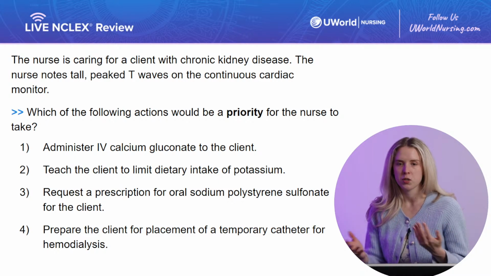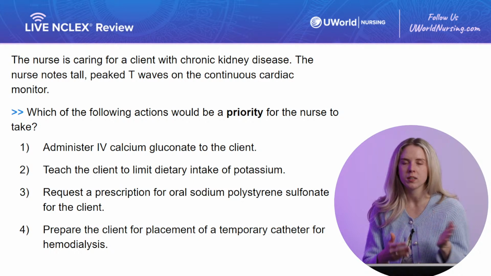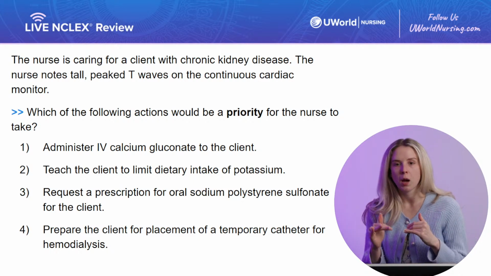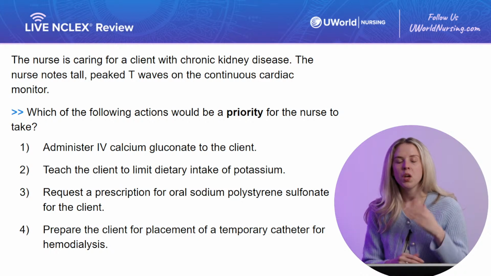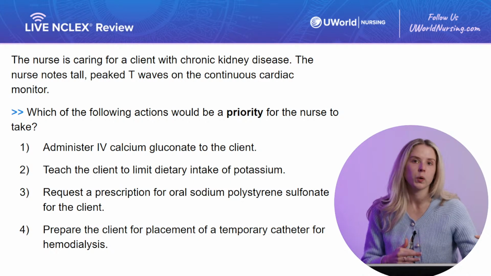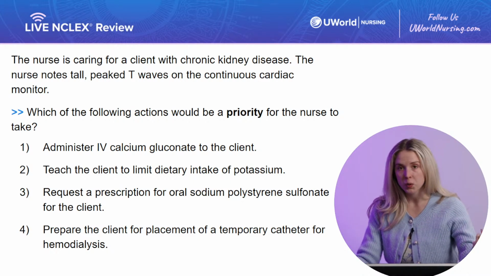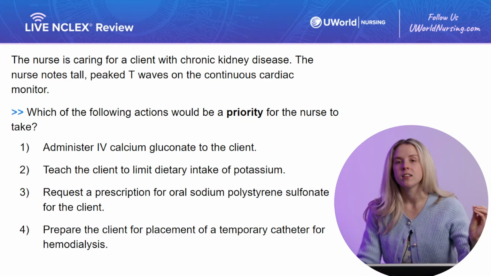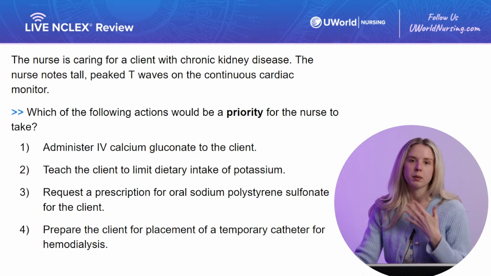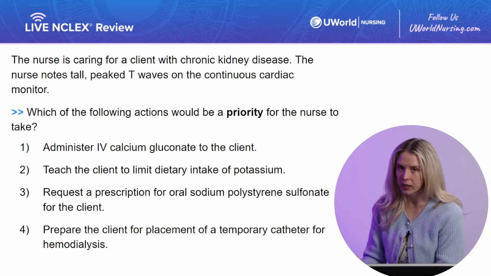I know this is confusing because of course this dysrhythmia happens because of hyperkalemia, and the rest of the options talk more about limiting potassium, but our number one priority is going to be stabilizing the heart, and then we're going to work to decrease our potassium. But also important to note is that calcium gluconate does not do anything to decrease our potassium levels, it simply protects the heart. That is our priority in this case.